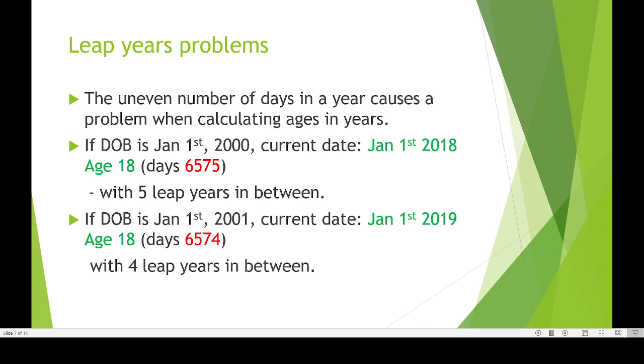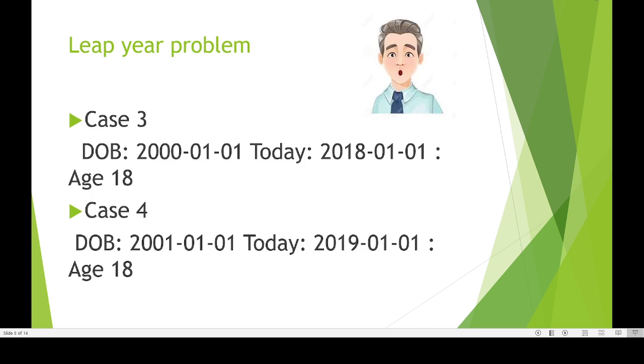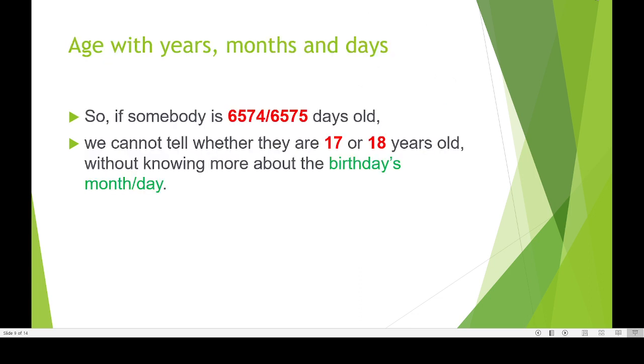But if the date of birth is 1st January 2001 and current time is 1st January 2019, then again age will be 18, with 6574 days because there are 4 leap years in between. So in both cases age will be 18. Since number of days in between is 6574 and 6575, age should be 17 and 18. To calculate this, we must consider years, months and days.